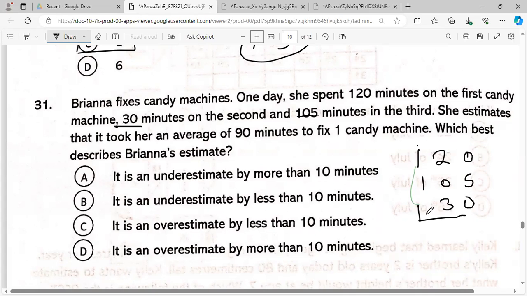So let's see. It would be 255. Yeah, and we divide that. I don't know why they don't give enough space. So we now divide 255 by 3 because we added 3 numbers.